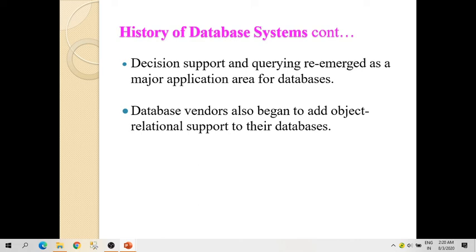Database vendors also began to add object-related support to their databases. Increased investments in online business resulted in a rise in demand for internet database connectors.